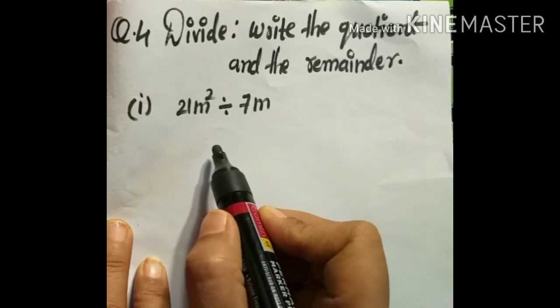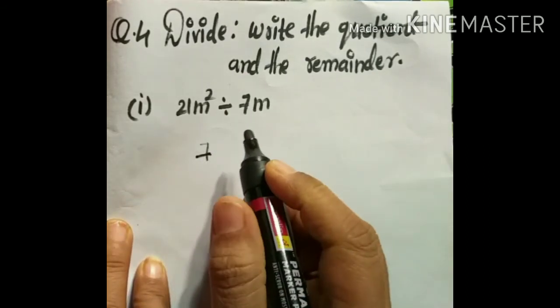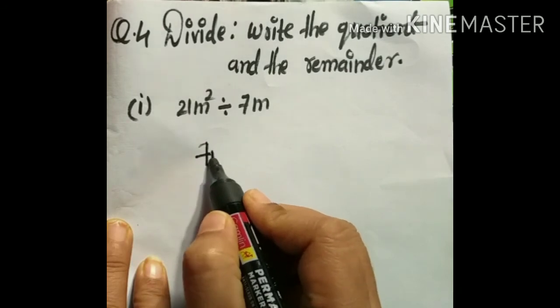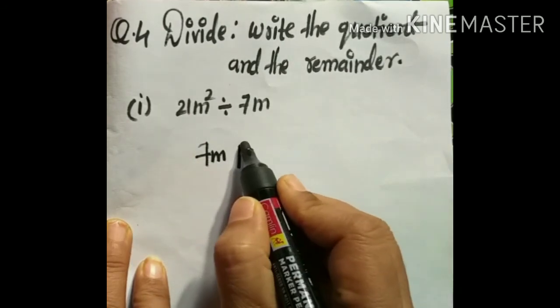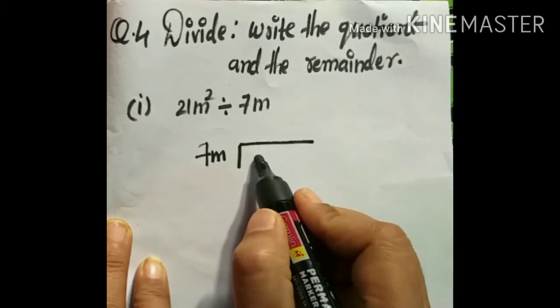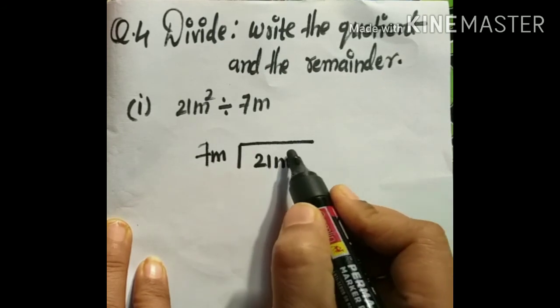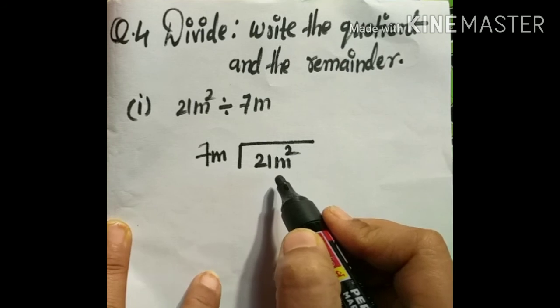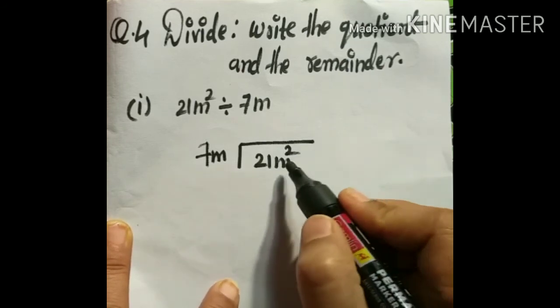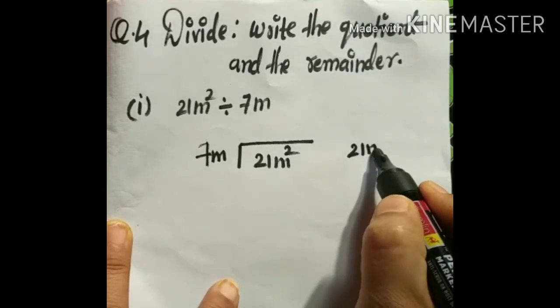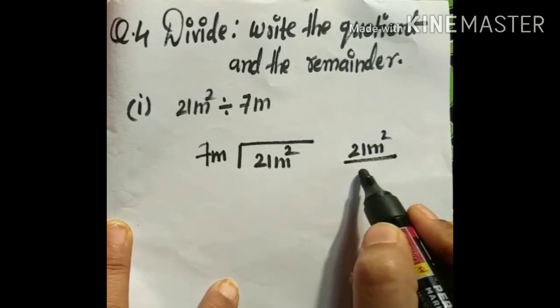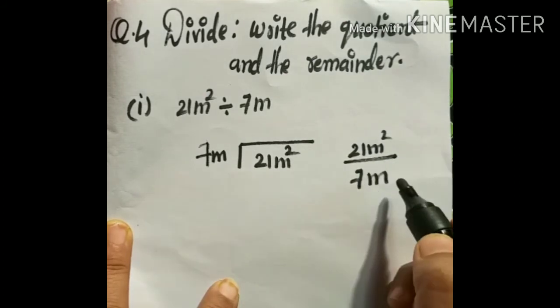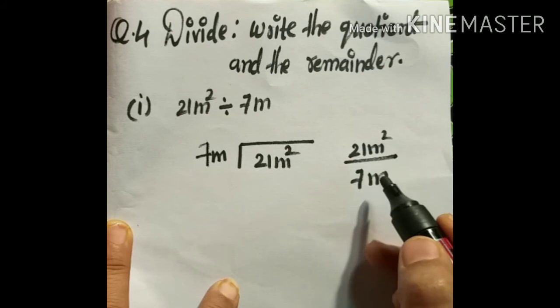So first of all, 7m will be outside, that is our divisor, and 21m square is a dividend. It will be inside. Now here children, we have to do one small rough work. This dividend 21m square upon 7m.